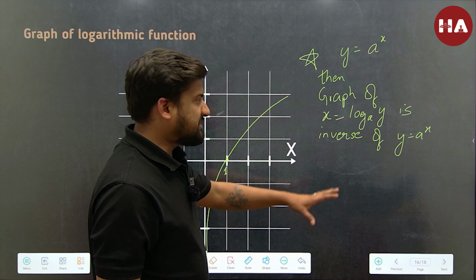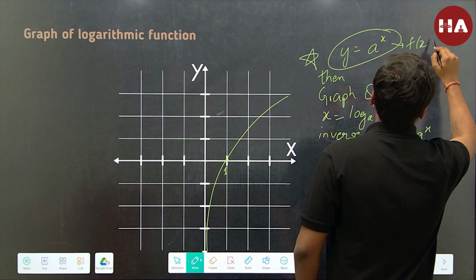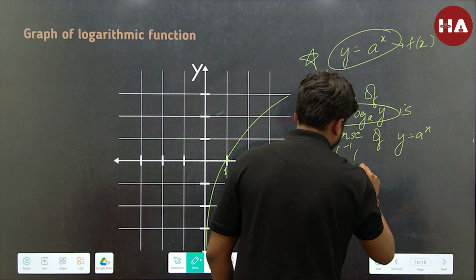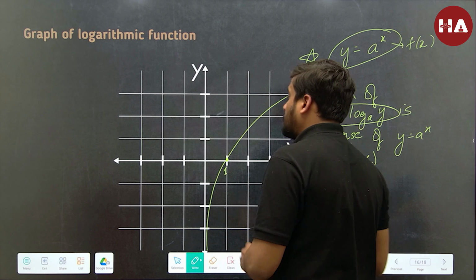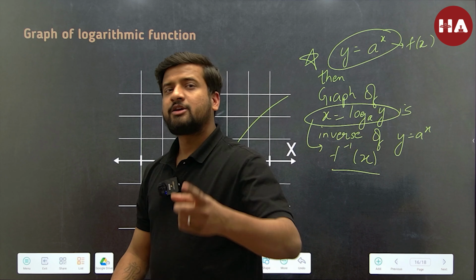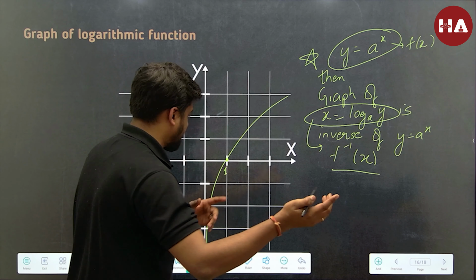So basically, if this is my function f(x), this is my function f inverse x. So what was the rule to find the f inverse x? To take the reflection in the line y equals x.